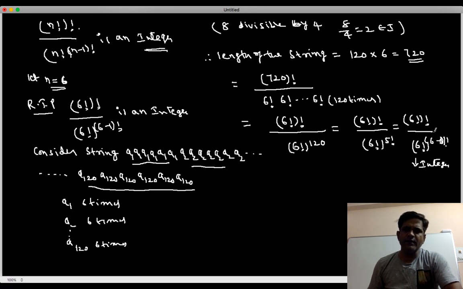Therefore, in general, if you replace the 6 with n, then also we can say that n factorial factorial by n factorial power n minus 1 factorial is an integer. Therefore, n factorial factorial is always divisible by n factorial power n minus 1 factorial. Hence, proved.